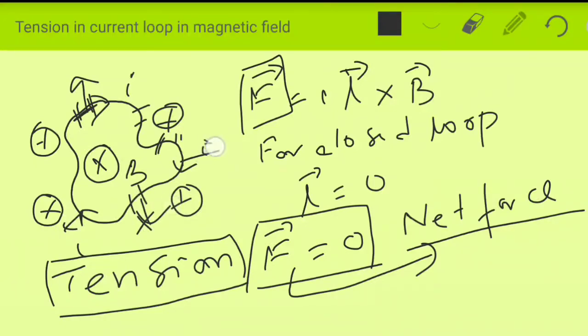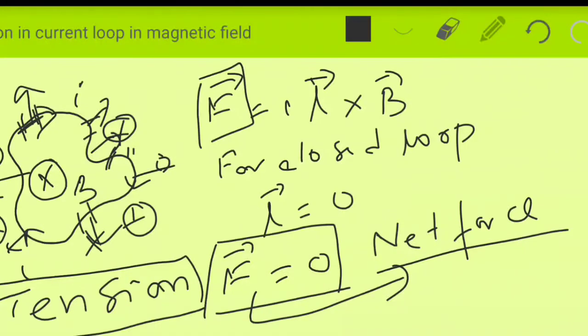Because of this outward force, this irregular shaped loop is going to acquire a circular form.